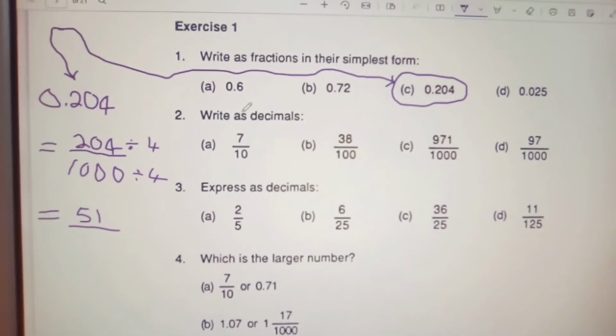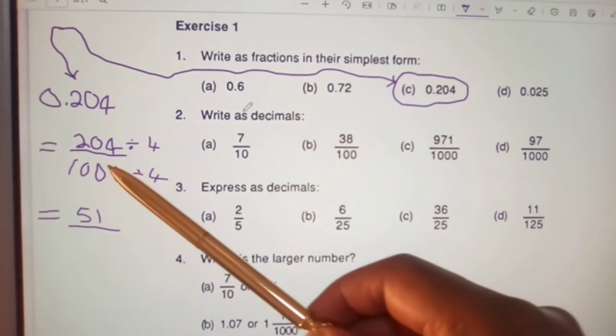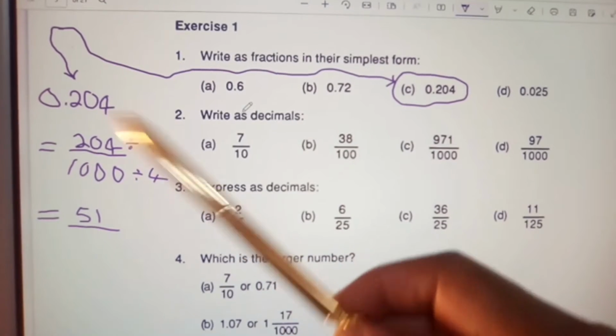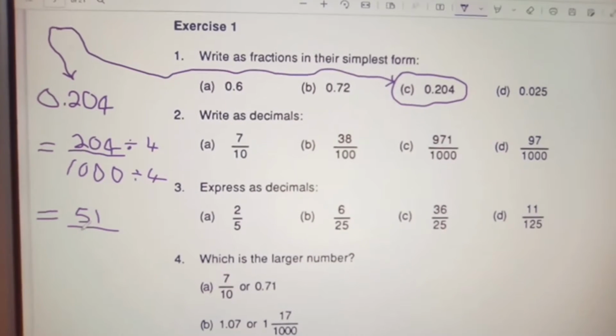Tell me, what does it equal? And 204 divided by 4, we said already, is 51. So 1000 divided by 4 is going to be 250.